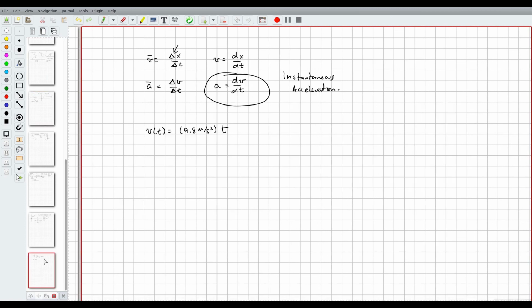Okay. So what I'd like to do is to find out what the acceleration here is. And again, I want to remind you of the following derivative rule. If you take the derivative of t to the n with respect to t, that is n times t to the n minus 1. So here, if you take the derivative of velocity with respect to time to try to find the acceleration, you're taking the derivative with respect to time of this.